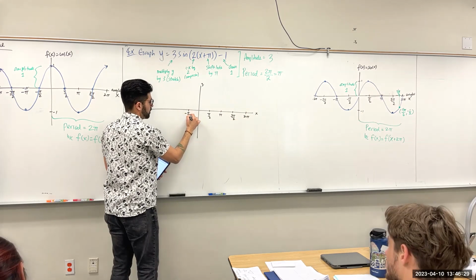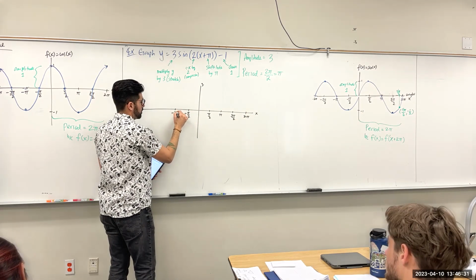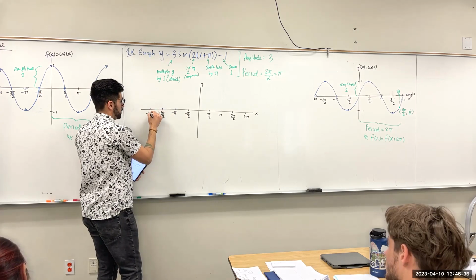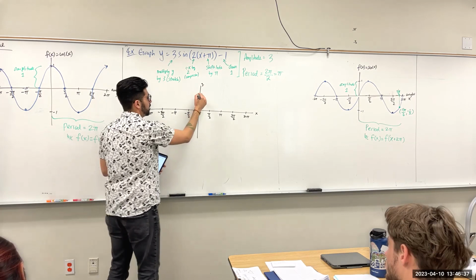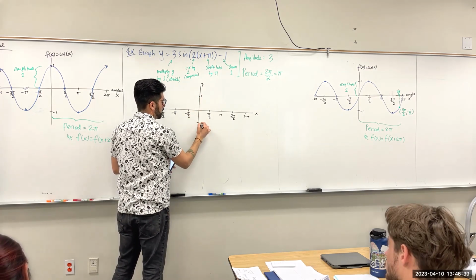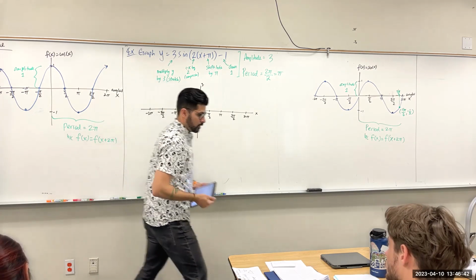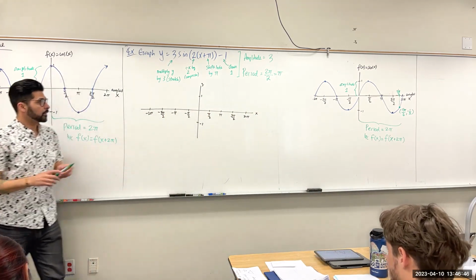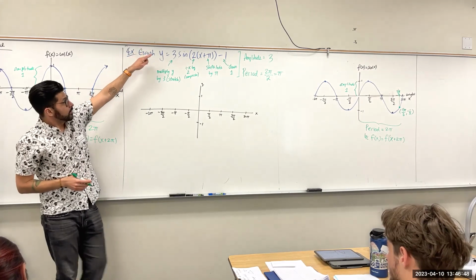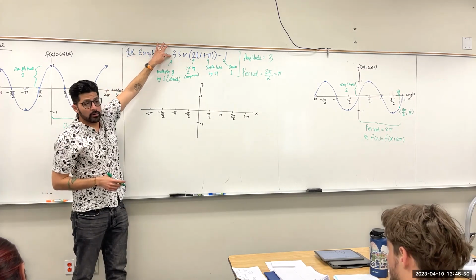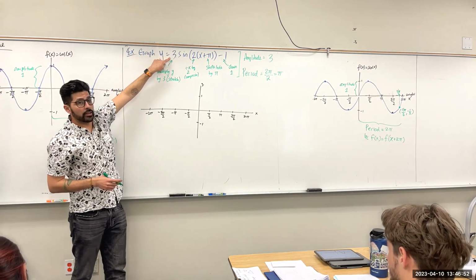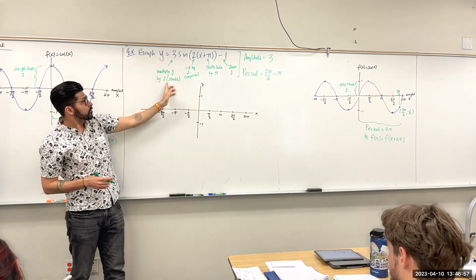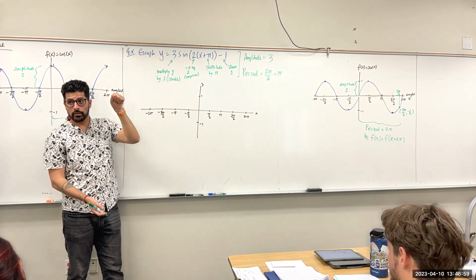Same thing. Oh, and then 1. Okay, so let's start with A here, sorry, with our 3. What does this affect? Which coordinate? The y. So that's going to stretch everything by 3 units, right?